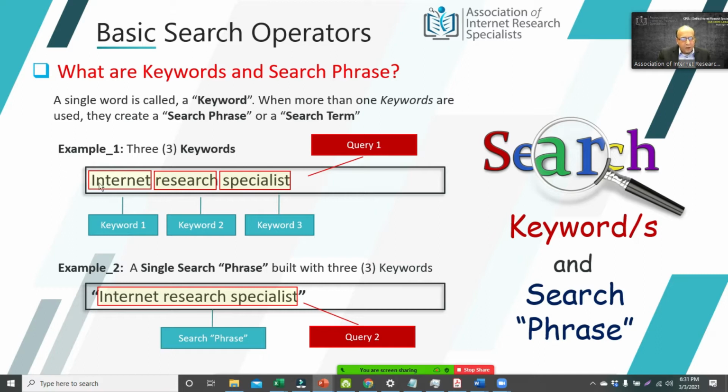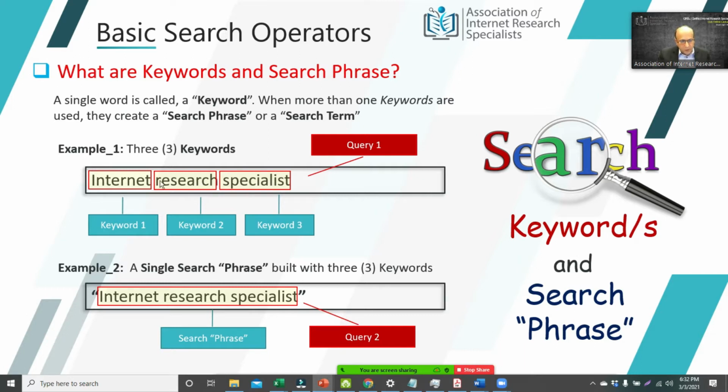If we have not put these three within the quotation marks and we do execute our search with three of them in this sequence, where internet is the first word, specialist is the third word, and research comes before specialist, so there is a certain order here. And we have not disturbed the order, but at the same time we have not enclosed all three words within quotation marks.